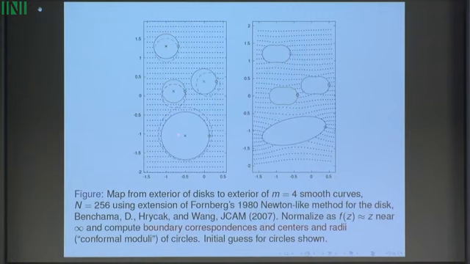Those dashed lines, just to give you an idea, are the initial guesses of the circles. You need a reasonable initial guess for these methods. And it converges almost quadratically, fairly fast convergence.